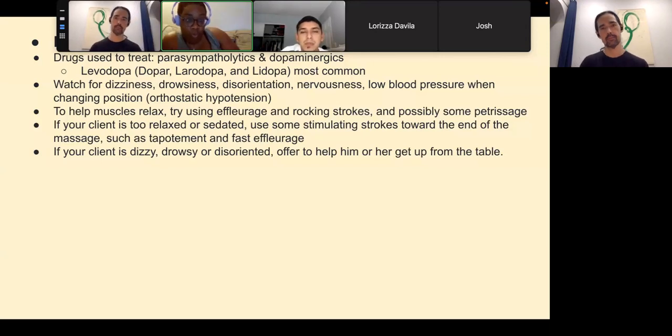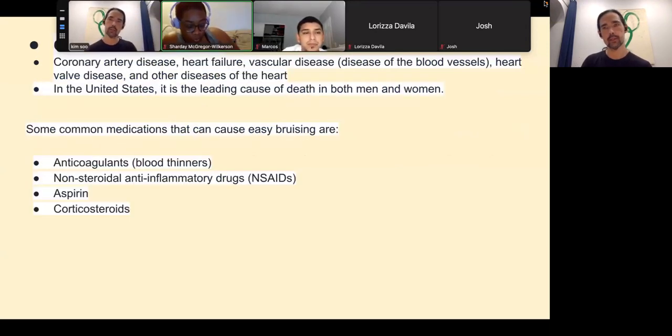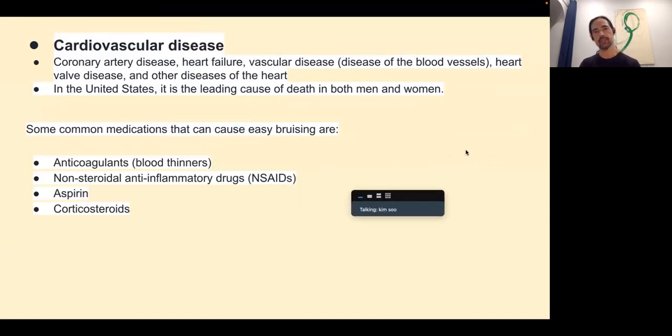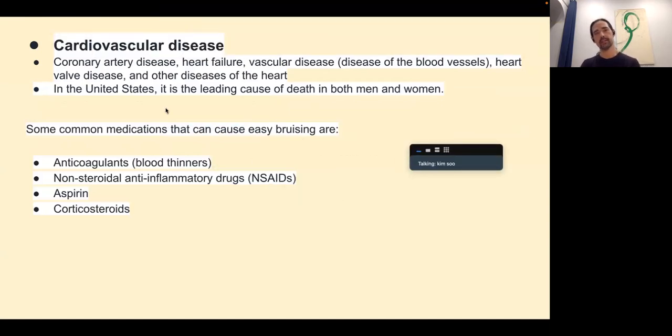Okay. And then this is for cardiovascular disease. Very sad. Leading cause of death in men and women. How can this be? Coronary artery disease, heart failure, vascular diseases of the blood vessels, heart valve disease, and other diseases of the heart.